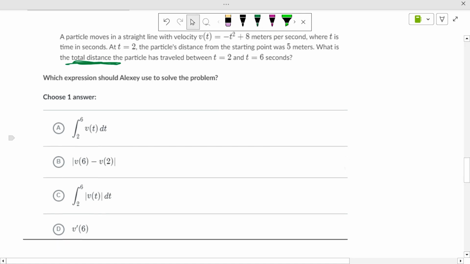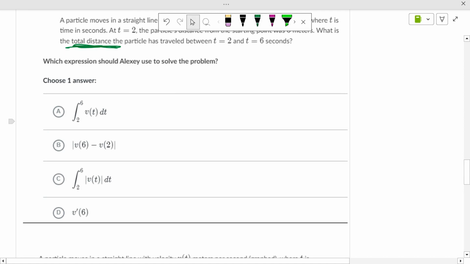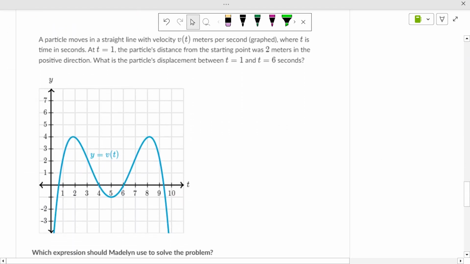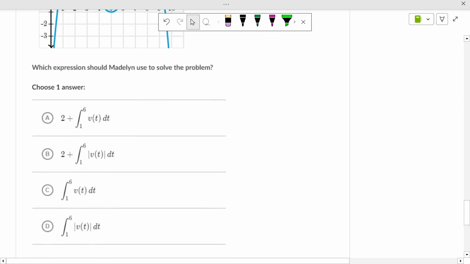So the total distance is the absolute value of the integral, or the integral of the absolute value. And then when you have displacement, it's just the integral from the starting to the ending point.